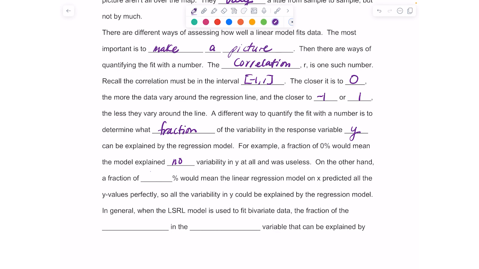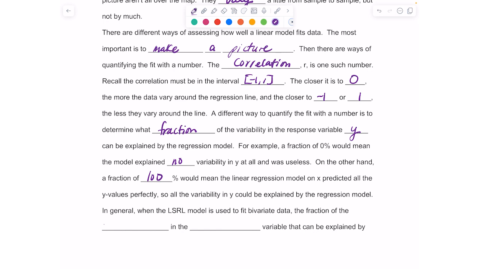On the other hand, a fraction of 100% would mean the linear regression model on x predicted all the y values perfectly. So all the variability in y could be explained by the regression model. So you would want this value to be as close to 100% as possible. And it also depends on what course you're in or what field you're in.